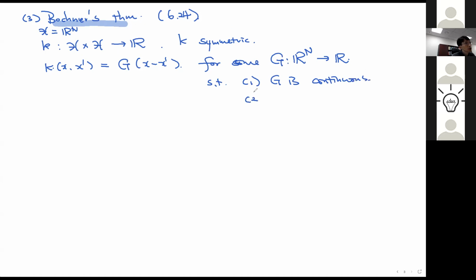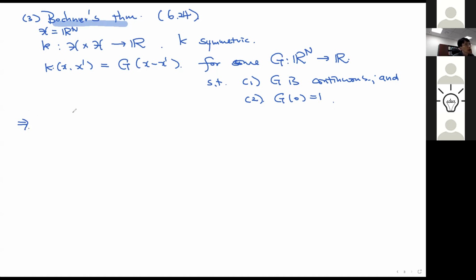The second property is that g of 0 is equal to 1. This is a bit like saying it's properly normalized. So these are the settings. And there are some typical examples. The RBF kernel satisfies this type of relationship.